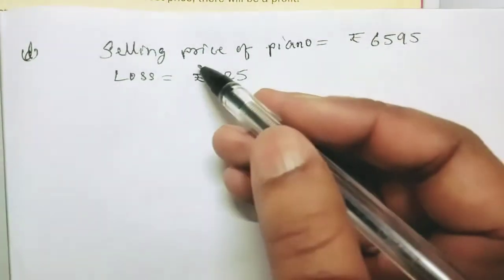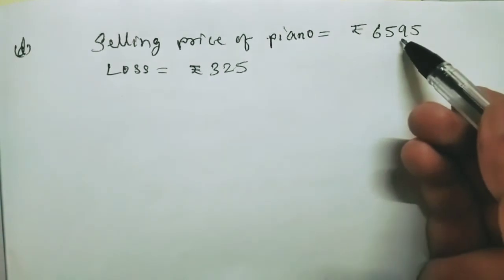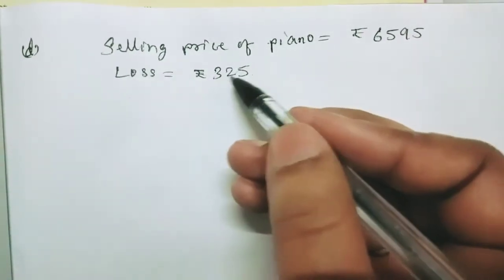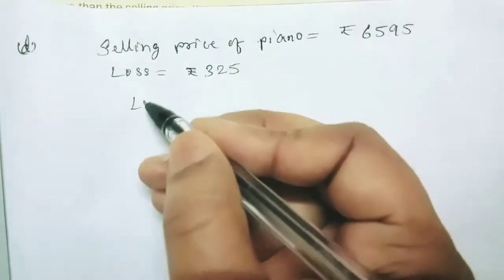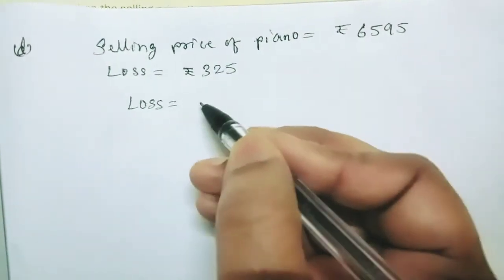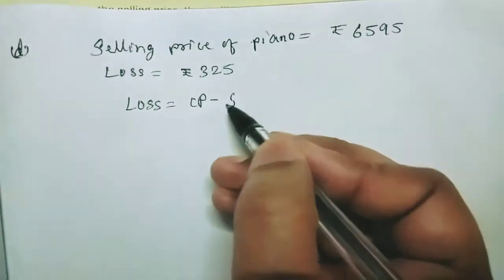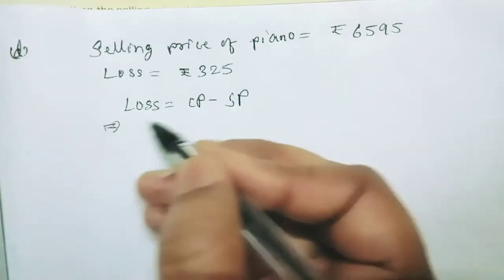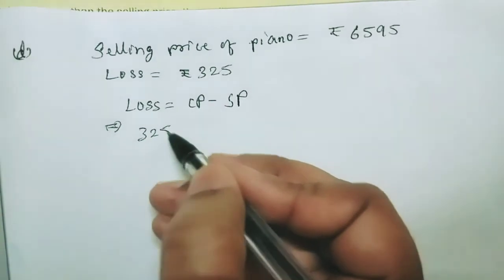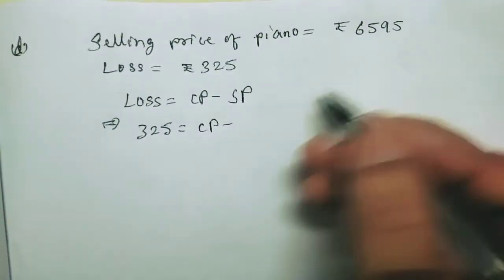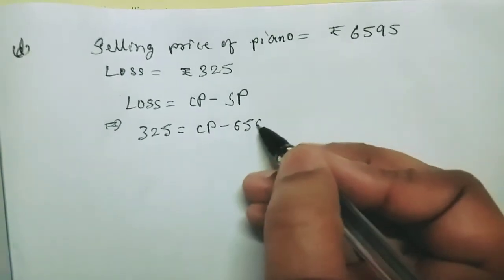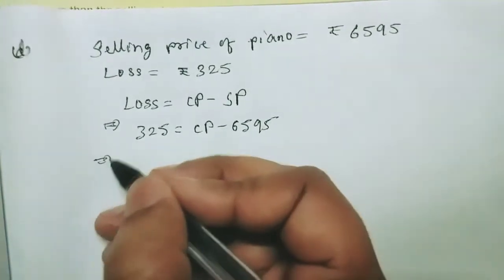Here the selling price of the piano is equal to 6,595 and the loss is 325. When there is a loss, you have to apply the formula of loss. What is the loss formula? Loss equal to CP minus SP. Now put all the values. Loss is given as 325, CP you have to find, and SP is given as 6,595. Now we will do the transferring process.